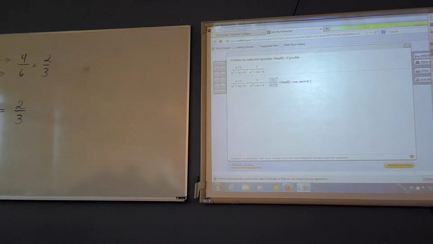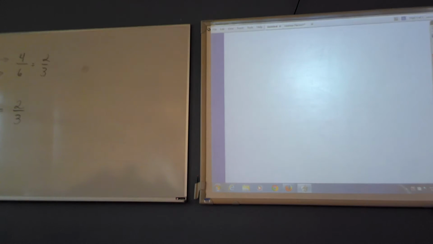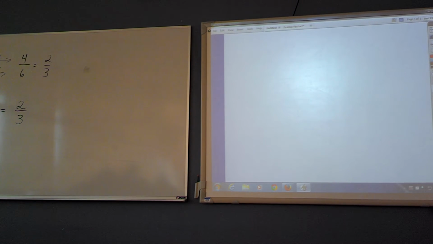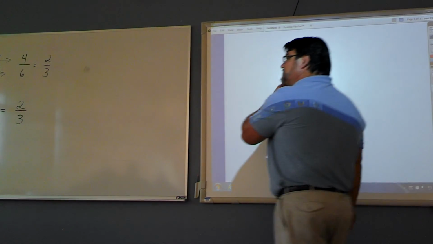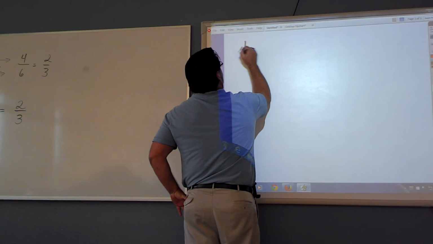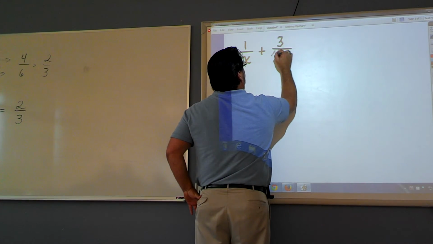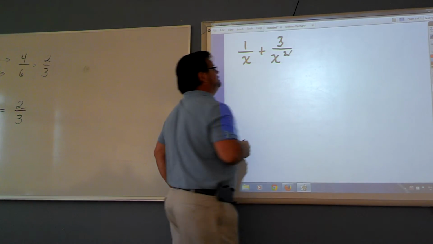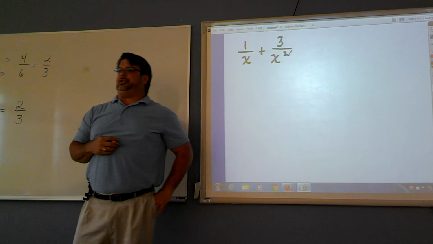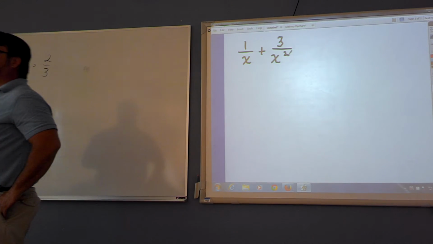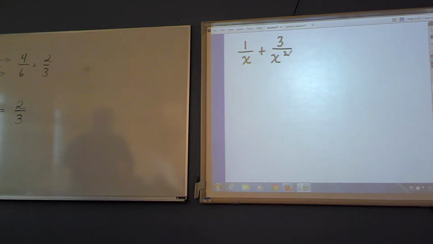Well, before we move on, let's go back to pre-algebra. Y'all ready? And I did this on the video also. 1 over x plus 3 over x squared. What do we do if we have different exponents on the same base in the denominator?